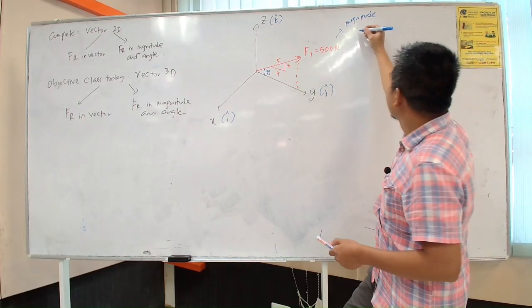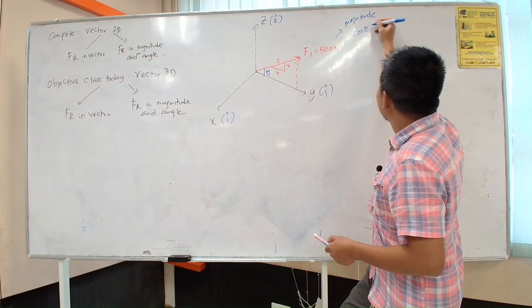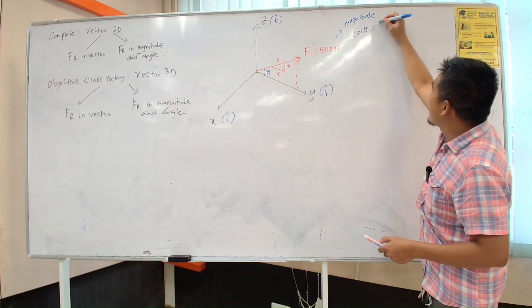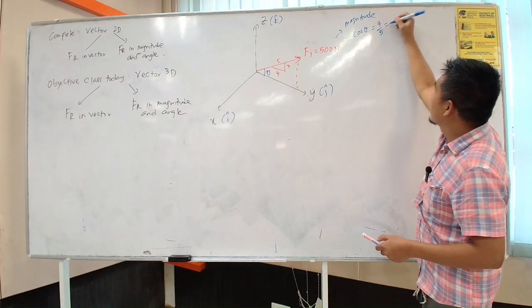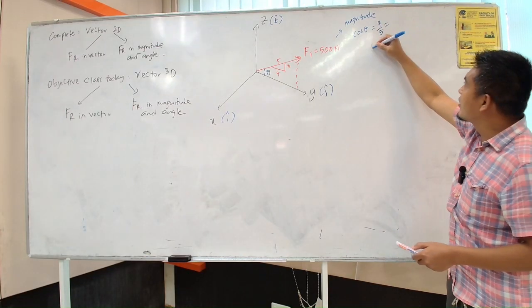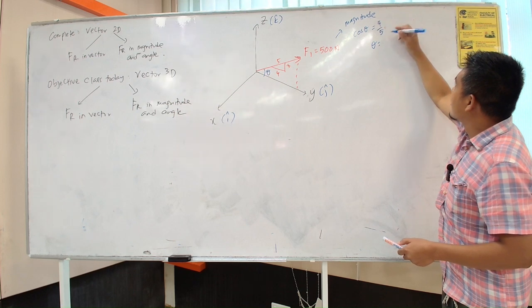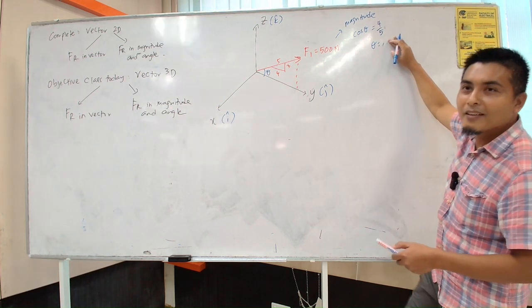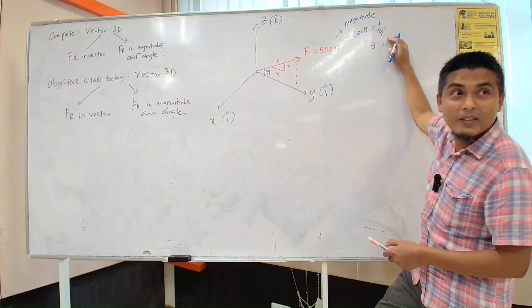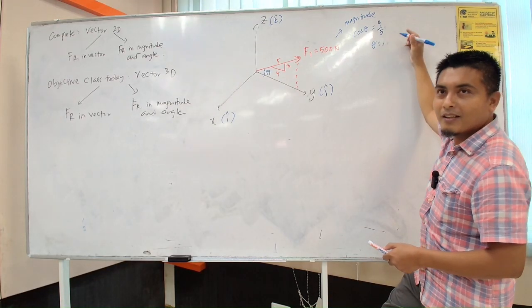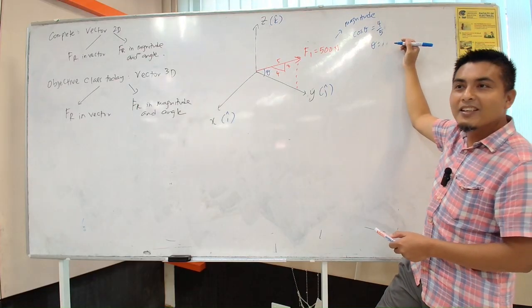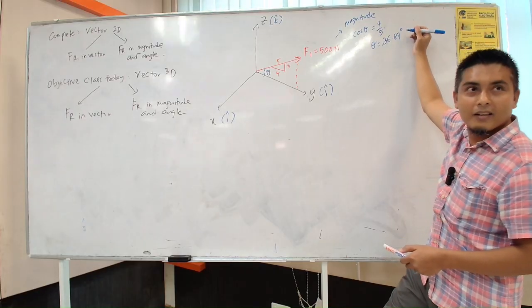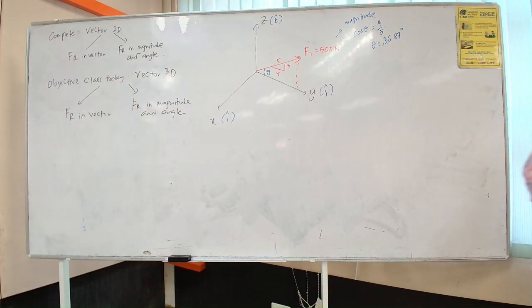You can use cos theta equal to 4 divided by, then the theta equal to 53.36. This one. Is it? Okay.